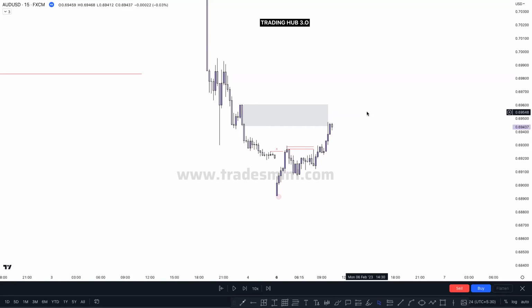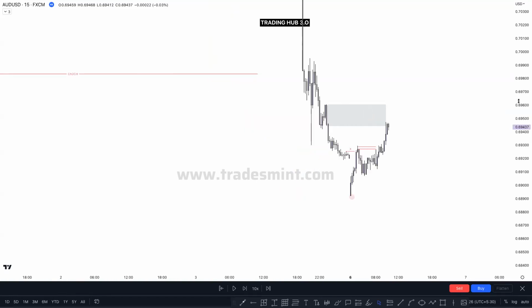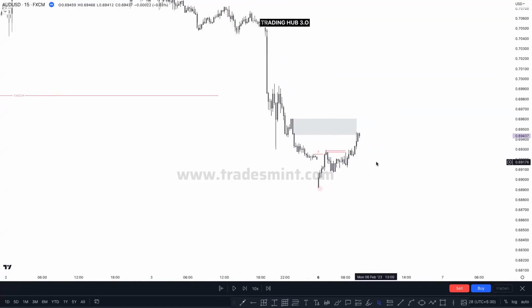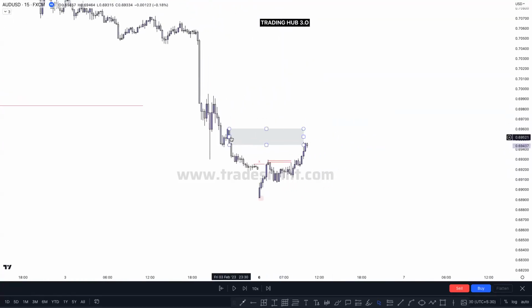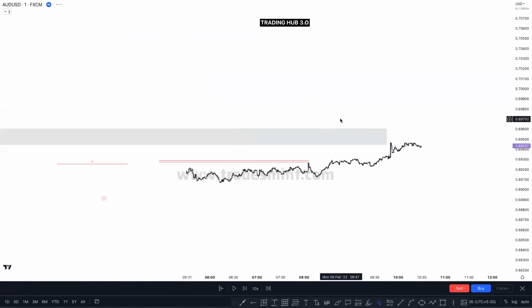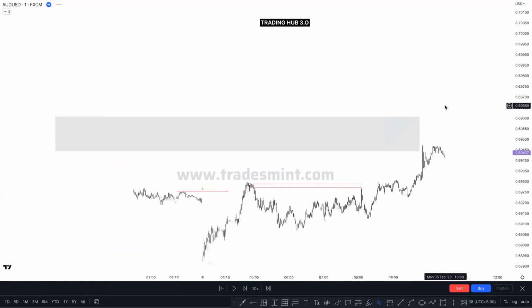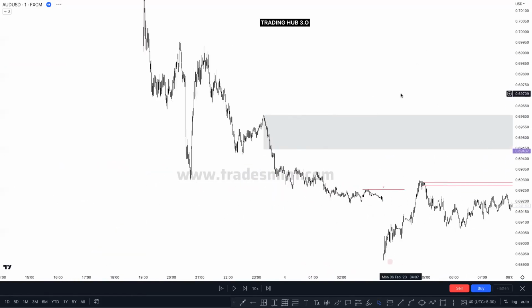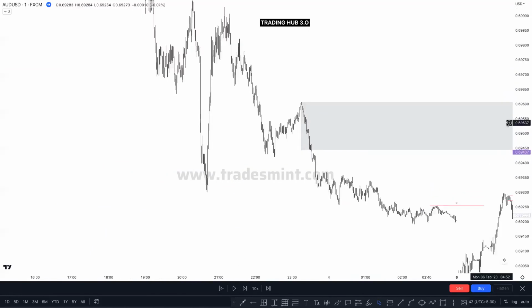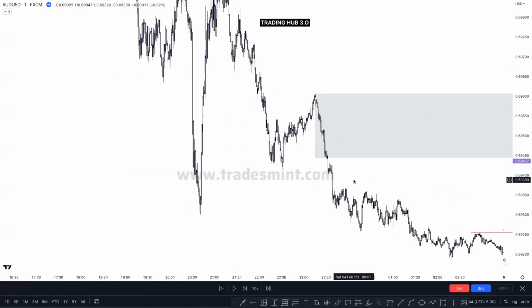Okay, so now switch here to the 1 minute time frame to see exactly how to refine your zone for entry. Because when you switch from a higher time frame to a lower time frame to see exactly where the market is going, then you can identify a high probability entry for buy and sell, right?